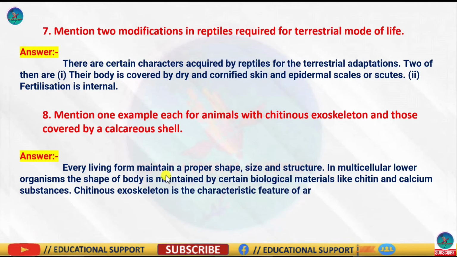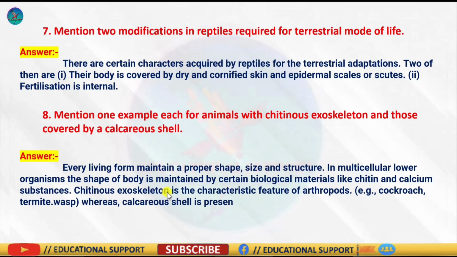A chitinous exoskeleton is characteristic of arthropods, for example cockroach, whereas a calcareous shell is present in mollusca, for example snail.